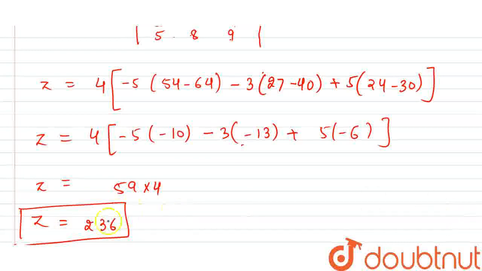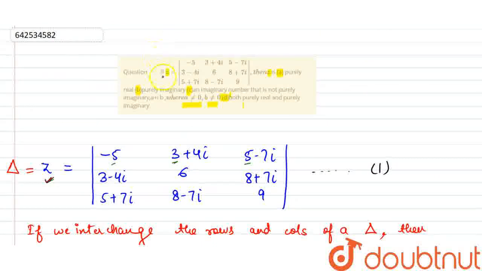Now clearly we have got 236 without any iota term. That means no imaginary part, only the real part. So that means our Z is purely real. So this is what we had to prove.